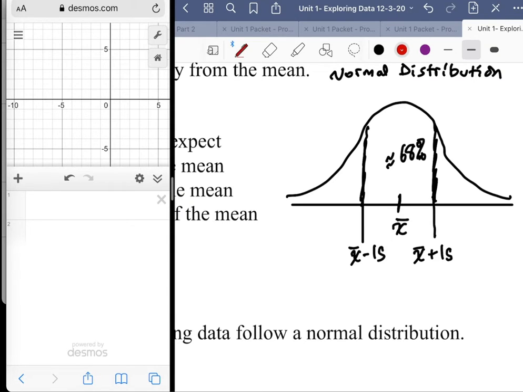If I go out two standard deviations, so x bar plus 2s and x bar minus 2s, I'd be looking at about 95% of the data.